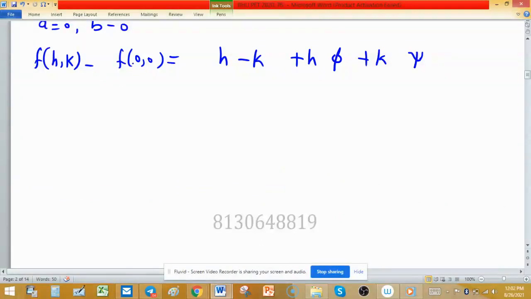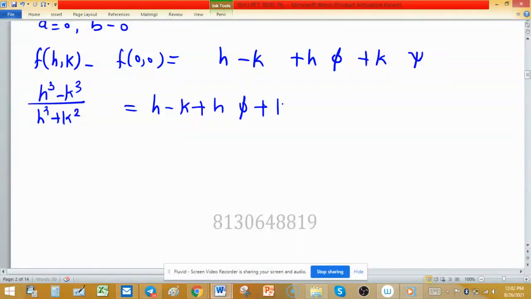Because f(0,0) is 0, f(h,k) will be in terms of h and k: (h cube minus k cube) divided by (h square plus k square), and this is equal to h minus k plus h phi plus k psi.